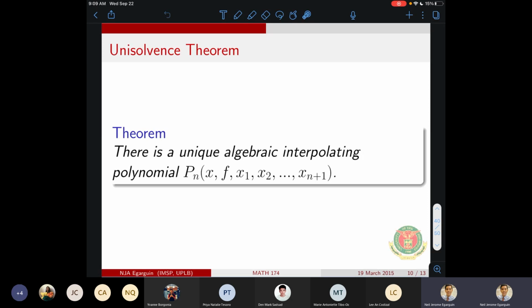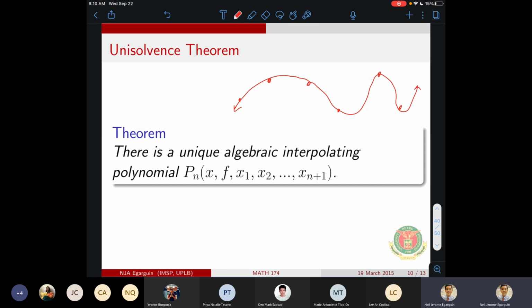And that algebraic interpolating polynomial is unique. So kahit magdoodle ako dyan ng kahit anong data points, okay? Lagi ako may mahanap na interpolating polynomial na dadaan sa lahat ng points na yan. And actually, not just that. Unique yung makukuha kong algebraic interpolating polynomial, right?